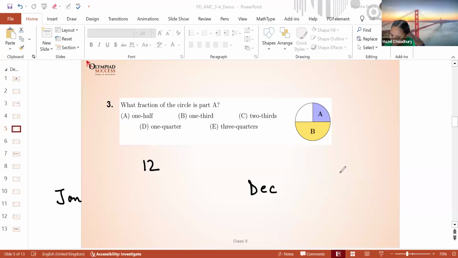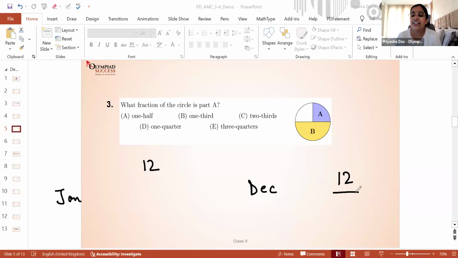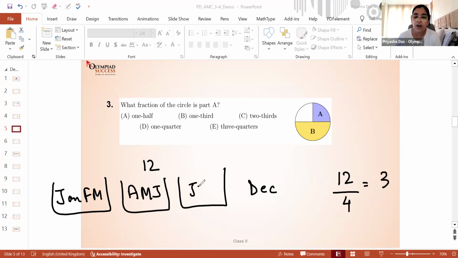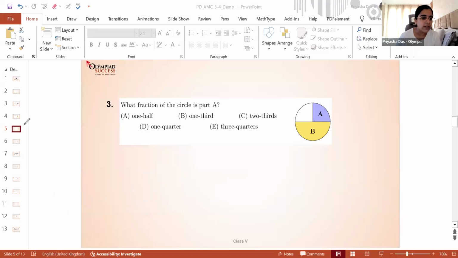Right, because you divide 12 by 4 parts and then you get 3 in each part. That means the first 3 months, January, February, March, then the next 3 months, April, May, June, then the next 3 months, July, August, September, and lastly, October, November, December. Got it? We'll keep asking you GK questions in the middle also. Don't consider that it's a math class, then ma'am will not ask you anything outside.